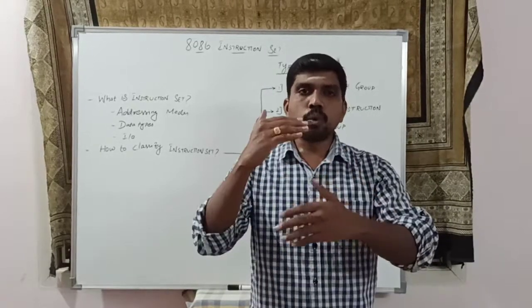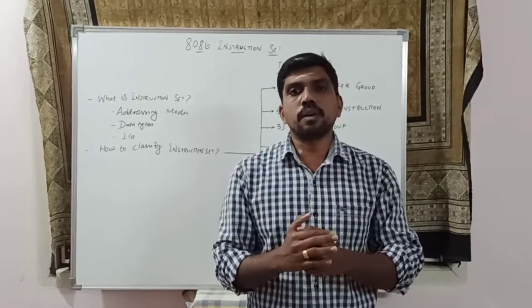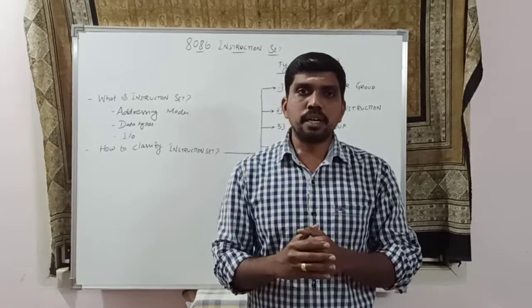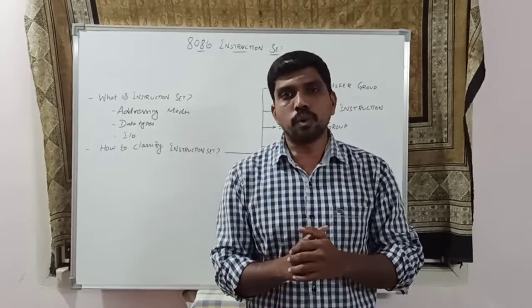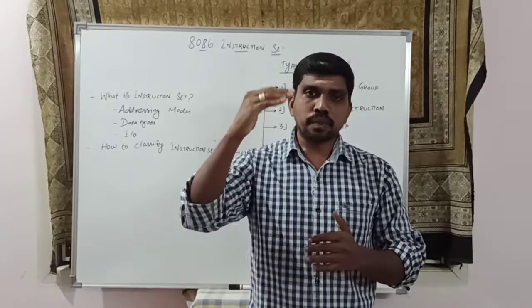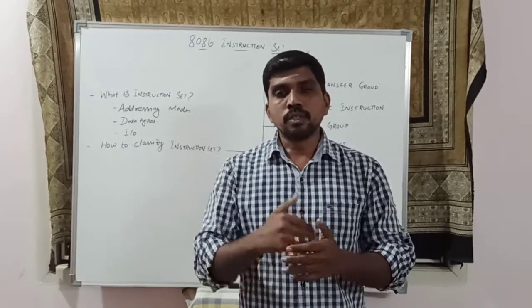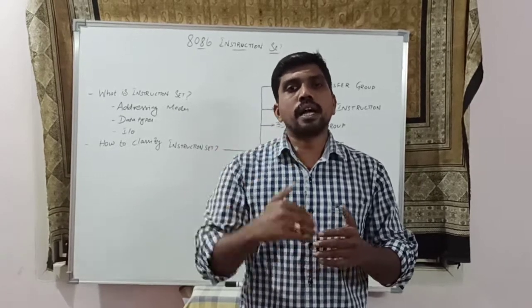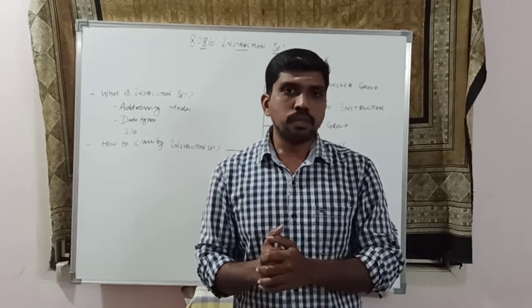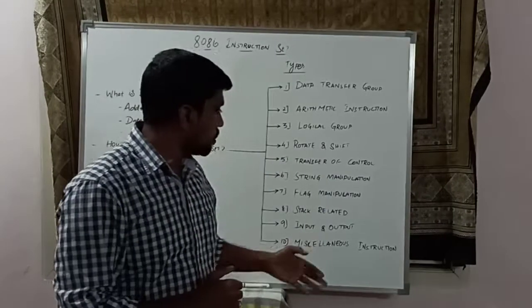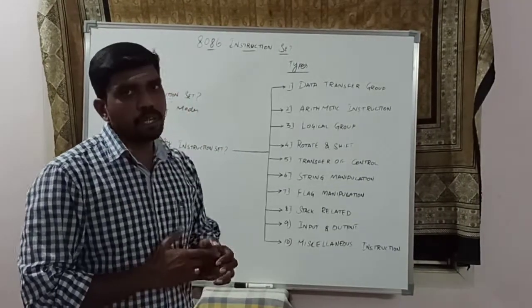After 4 cycles only you can add the two 16-bit values. So in this case you can use the NOP operation 4 times. So you create 4 delay times. After the 4 delay times only you can add the AX and BX values. That kind of instruction comes under the miscellaneous group instructions.